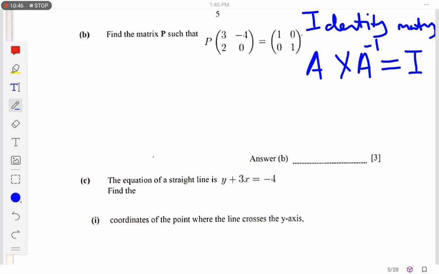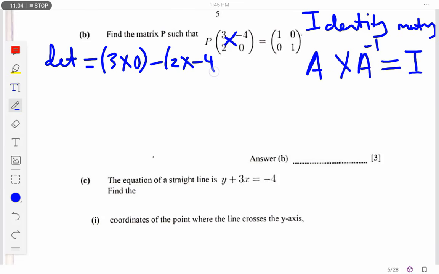The inverse is going to be, first we find the determinant. The determinant is equal to, we cross multiply: 3 by 0 minus 2 by minus 4. Let me write it properly here. Minus 2 by minus 4.